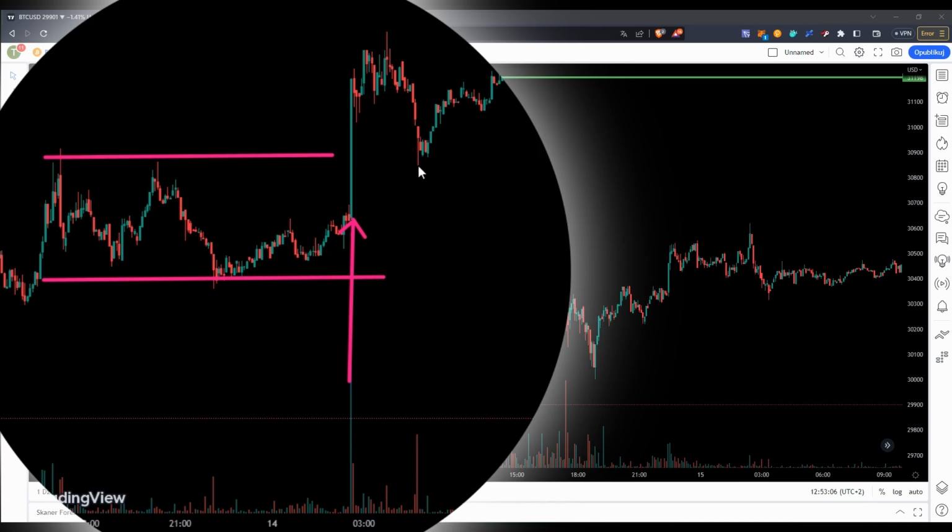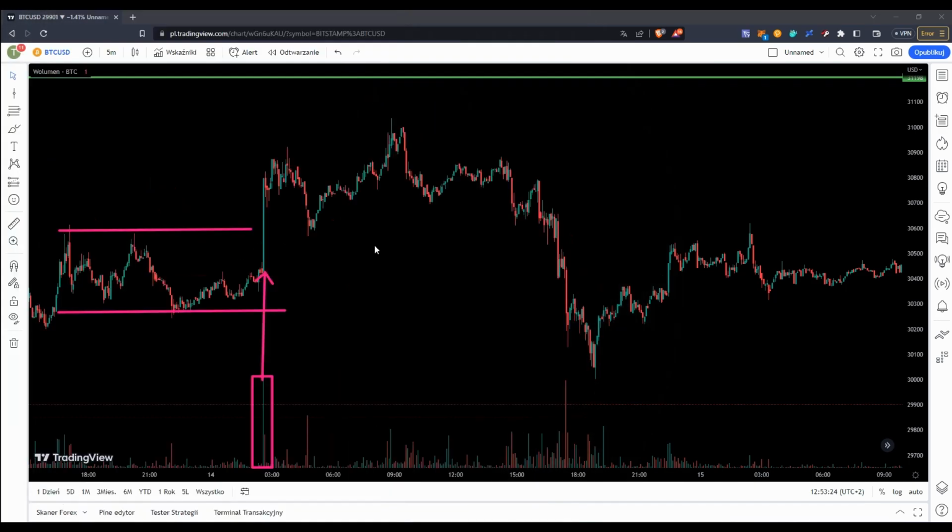It was the upside break candle, all right? And as you can see, with the high volume, it's not something you want to fade. I would rather say it's something you want to trade with eventually, okay?